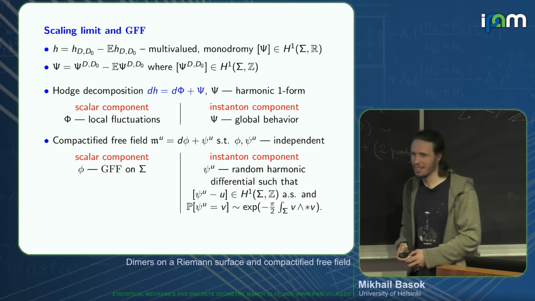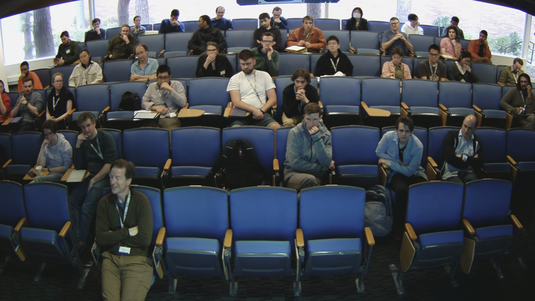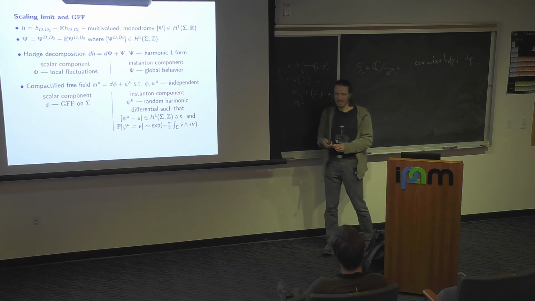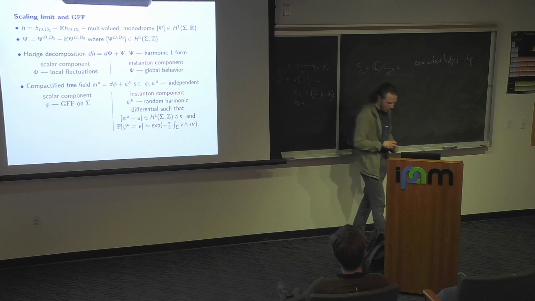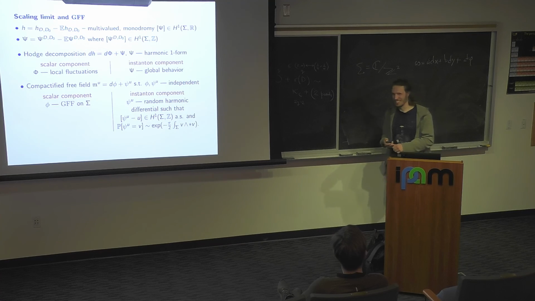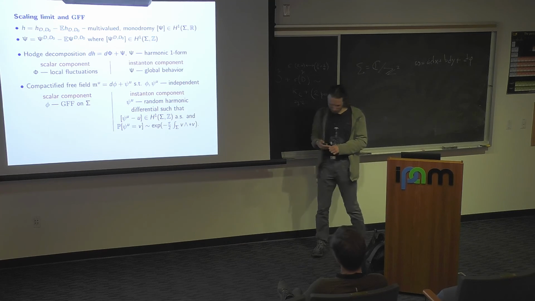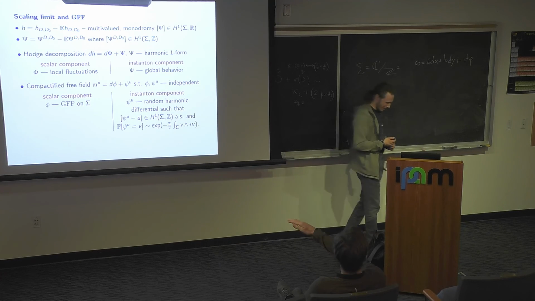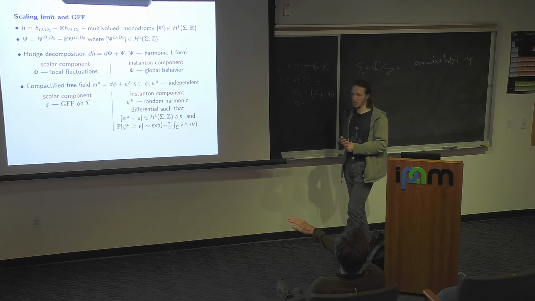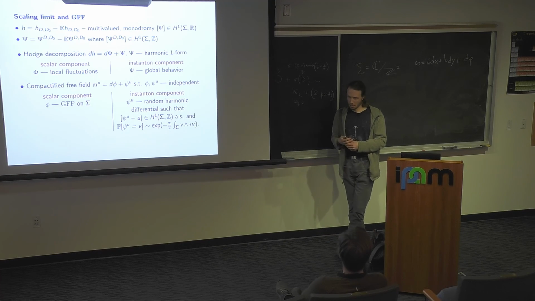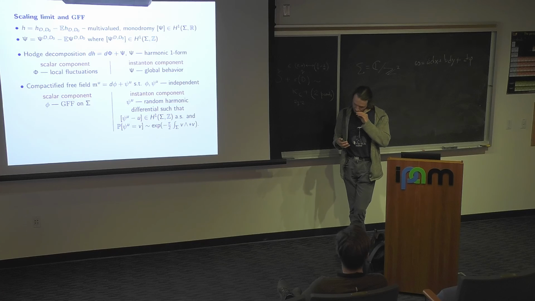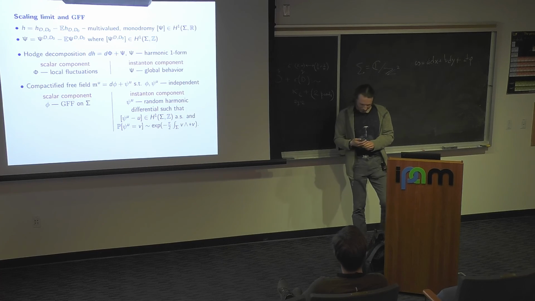Okay. Is this a Gaussian thing? Why do I expect that? Well, probably it will be clear from what happens later, because we can compute something and see that it is Gaussian. I think that it's not obvious that it's Gaussian.